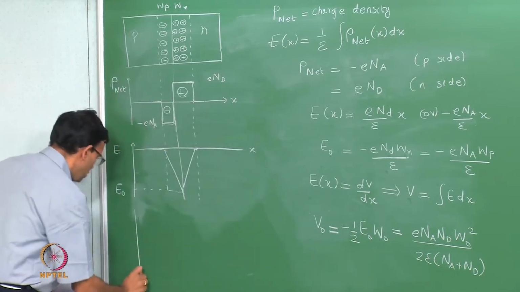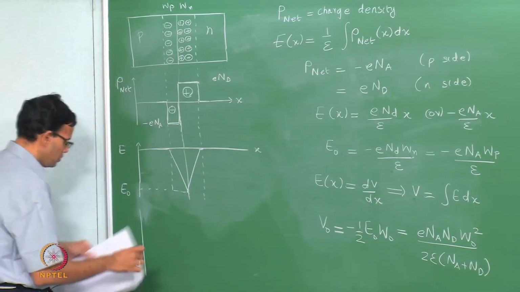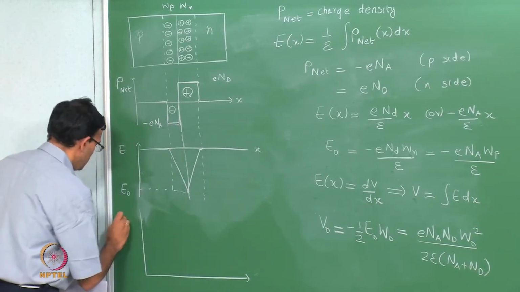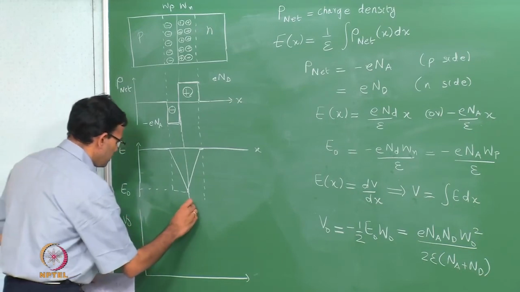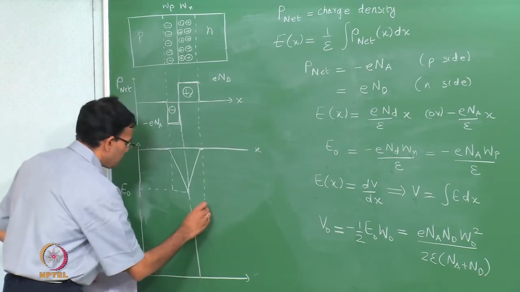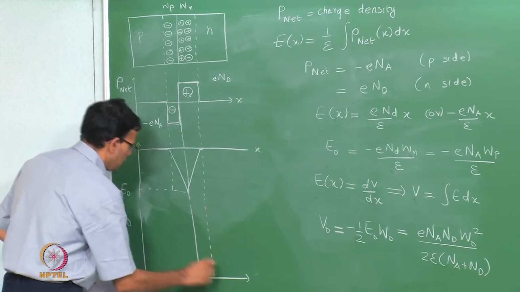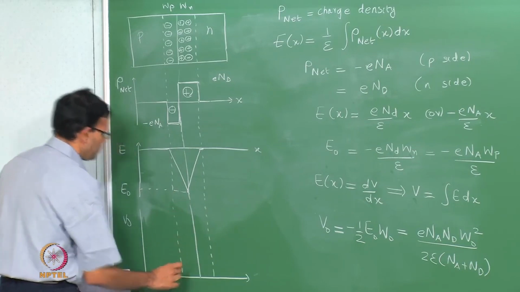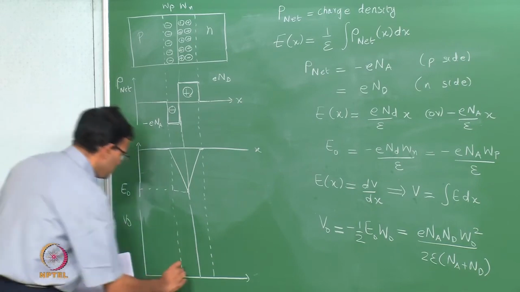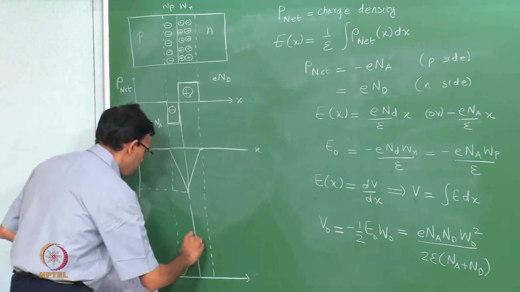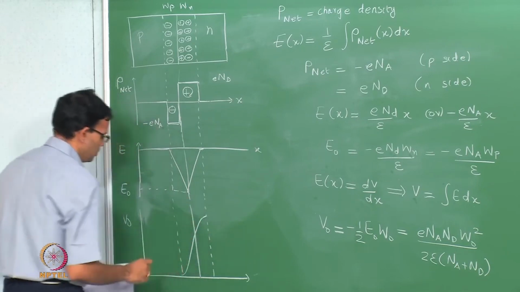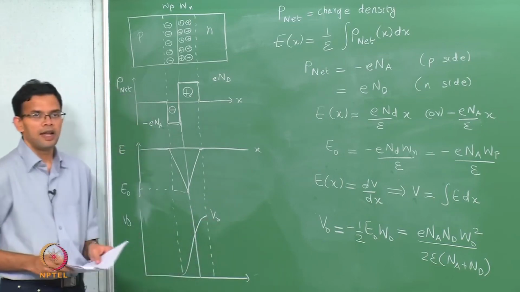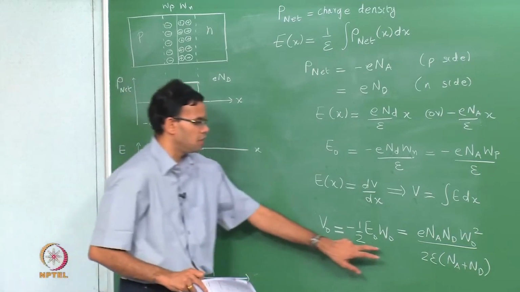So, if I plot V naught over x, that is my interface, that is the N side, that is the P side. Potential goes from 0 up to the contact potential V naught, and the expression for V naught is given here.